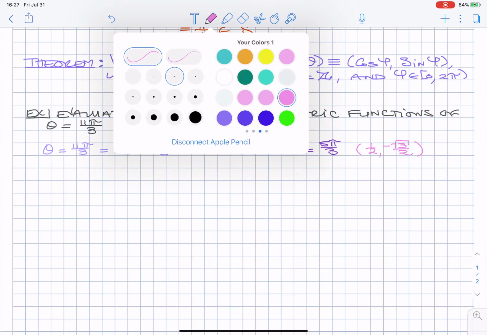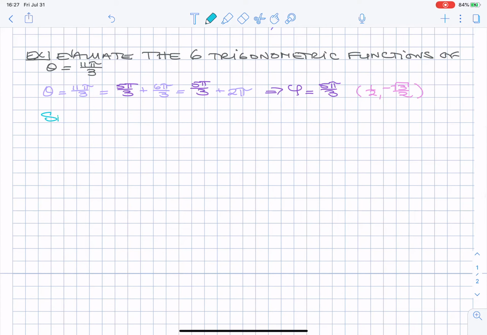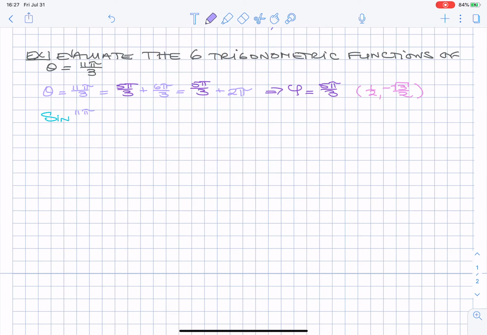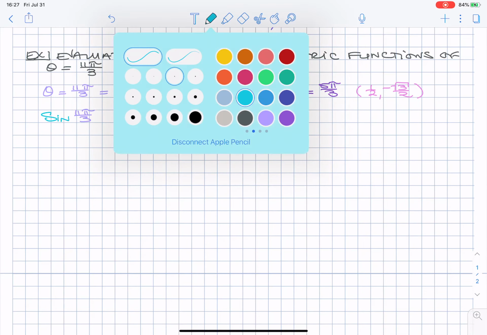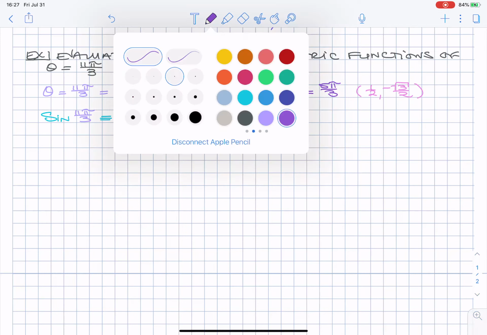Okay, so let's go ahead and evaluate sine of 11 pi over 3. Well, I claim that that's equivalent to sine of 5 pi over 3, because it's just going full circle from there.